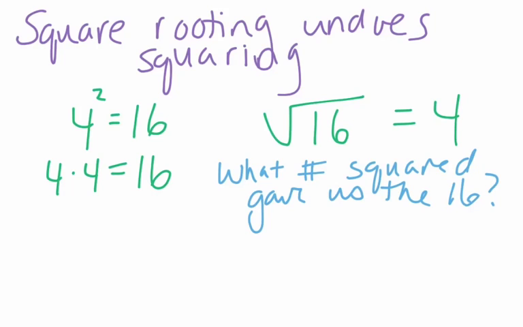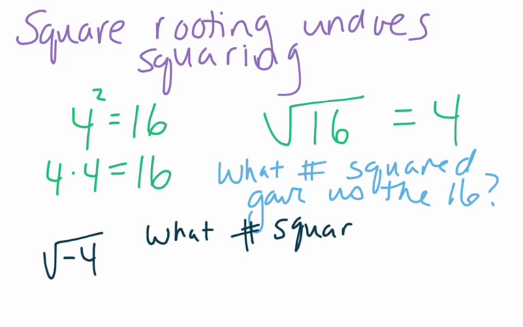So let's go take a look at this one. If you have the square root of -4, what you're asking is, what number squared gave us -4? Well, let's think about it for a second. What number could you multiply by itself that would give you a -4?